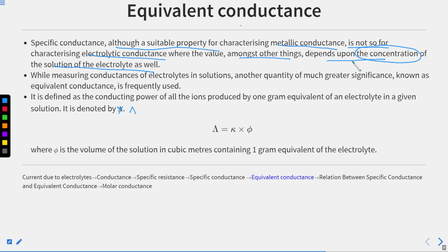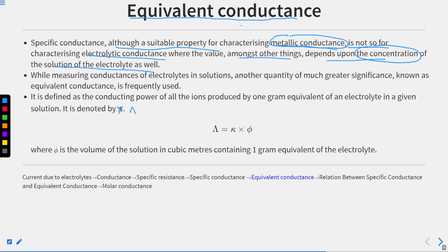Because when we were dealing with metallic conductance, it was easy to deal with the help of dimensions, length and area and all. But when we move to electrolytic conductance, we have a term that is concentration, and that will regularize the current more efficiently. So we have introduced this term which will be used often, that is equivalent conductance.